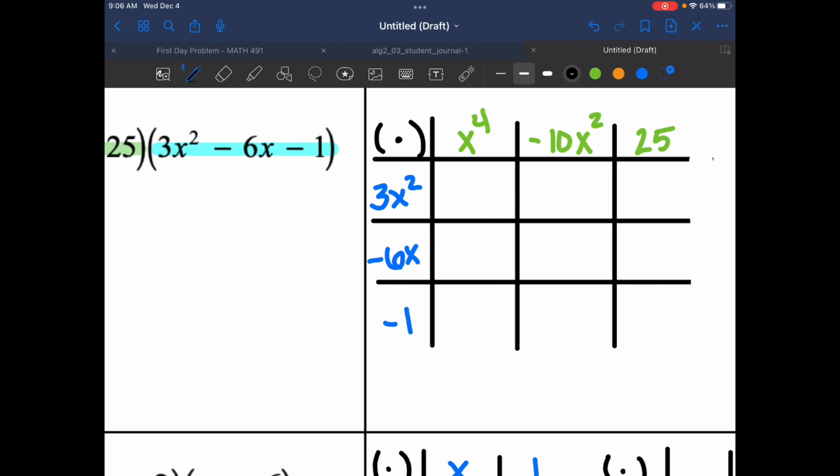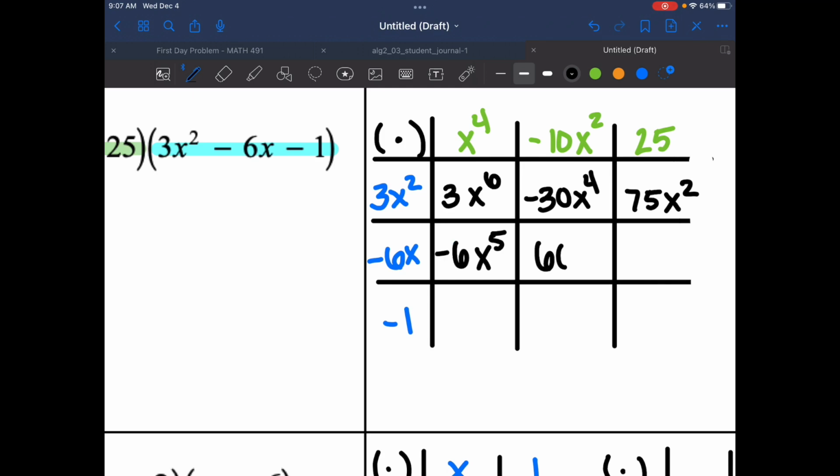So we're going to do 3x squared and x to the 4th. That's going to be 3x to the 6th. This is going to be negative 30x to the 4th. This is going to be 75x squared. Then we'll get negative 6x to the 5th.